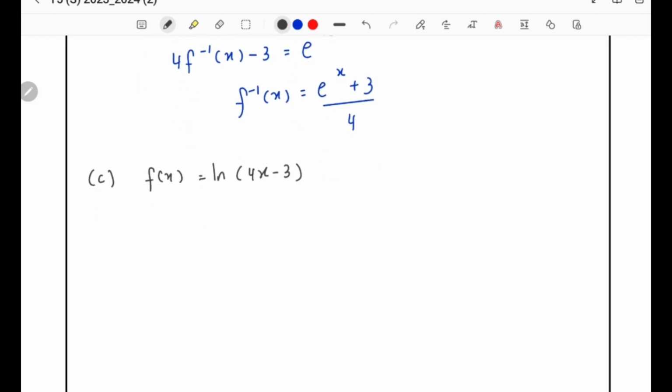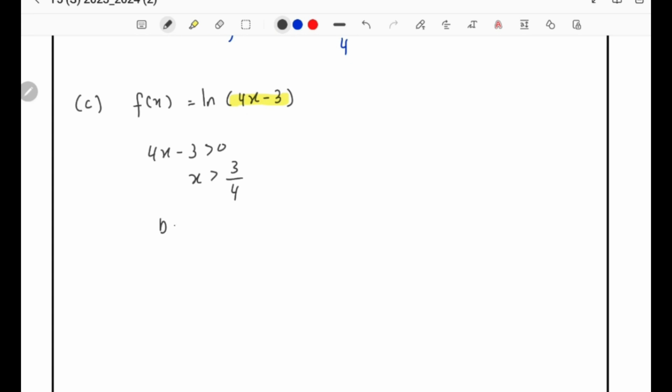To find the domain for f, I'm going to use the algebraic method. The values here must be greater than 0. So x must be greater than 3 over 4. So the domain of f is greater than 3 over 4, means it starts from 3 over 4 until infinity.